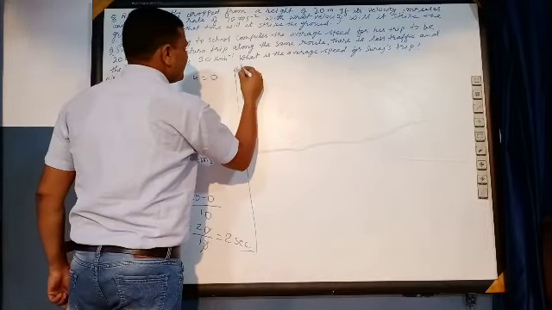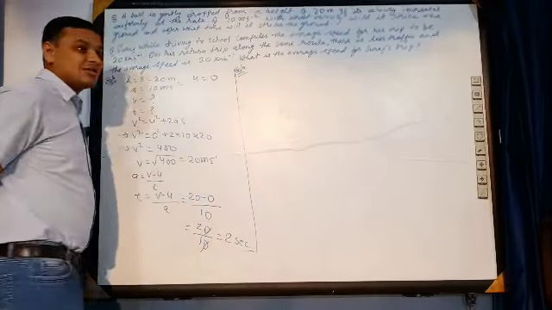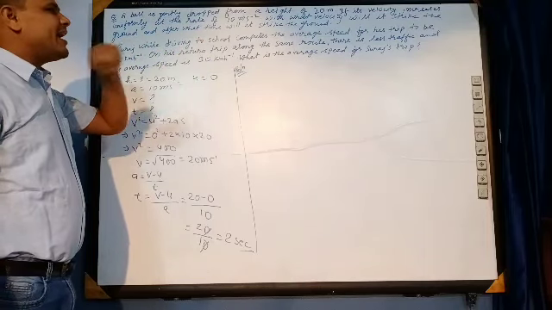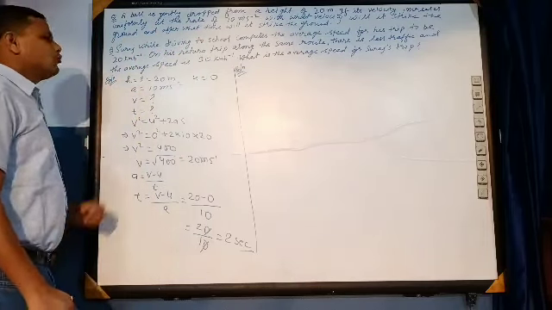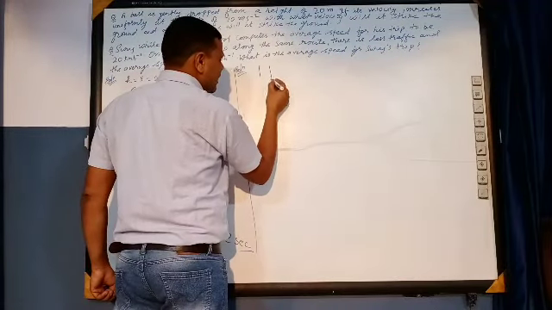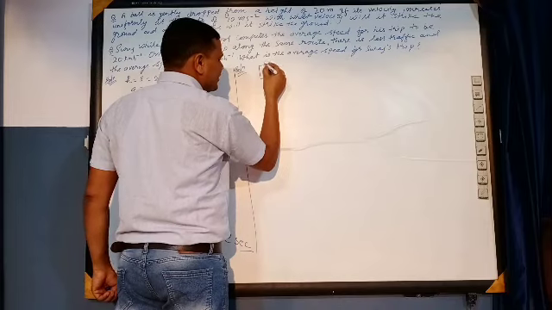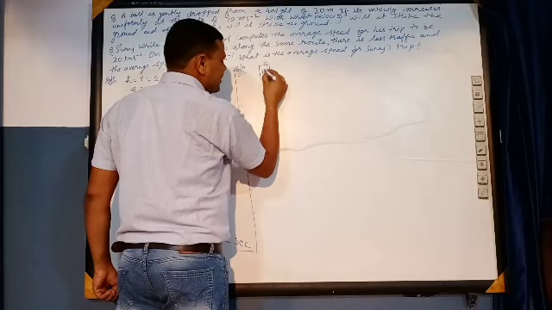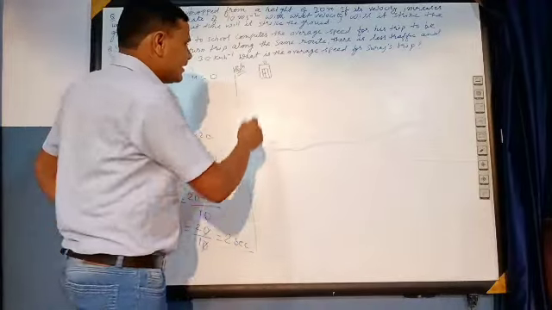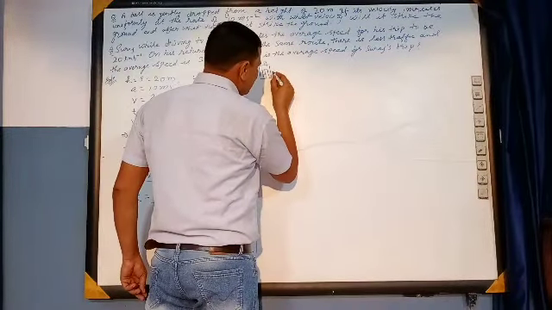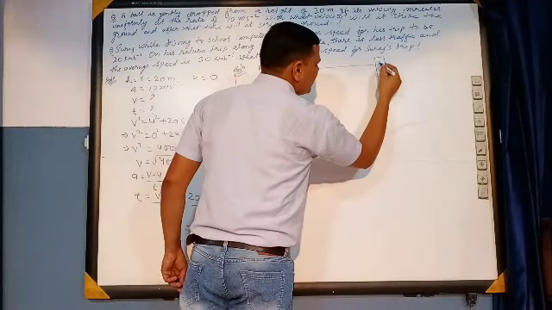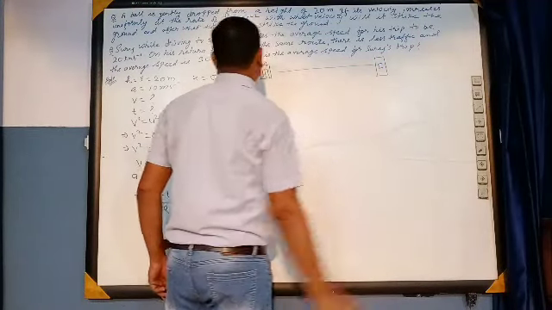Now since it is a very interesting question, it is related to the school. Suraj while driving to the school computes the average speed for his trip to be 20 km per hour. Suppose that this is the house where Suraj lives, and nowadays all of you are living in your house because it is a lockdown period, and suppose this is the school of Suraj.